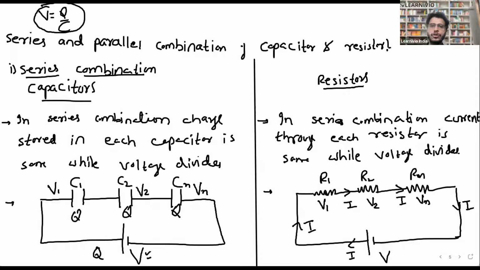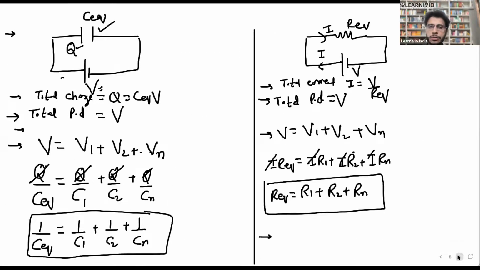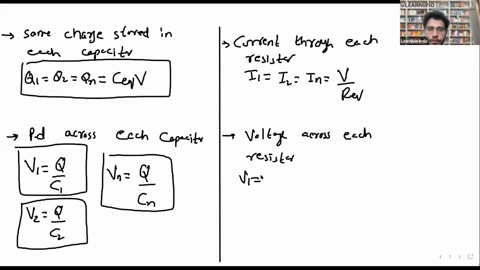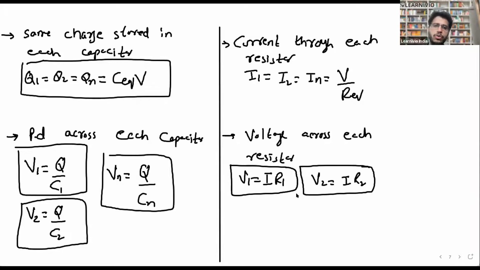Can you write V in terms of I and R1? V equal to IR. So V1 will be IR1. Similarly, we can write V2 as IR2. You can write Vn as IRn. So this is how we calculate voltage across each resistor.